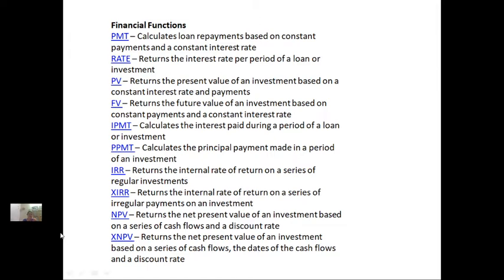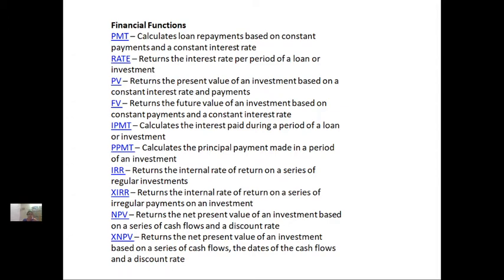Next, IPMT calculates the interest paid during a period of a loan or investment. PPMT calculates the principal payment made in a period of an investment. IRR returns the internal rate of return on a series of regular investments. XIRR returns the internal rate of return on a series of irregular repayments on an investment.